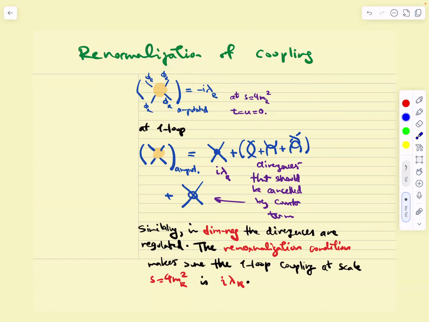We're going to evaluate this at s equal 4 m_r squared. At that value, it has to be minus i lambda_r. Do you guys remember the physics of the Mandelstam variables? Should I review it? This was towards the end of the semester last time. Consider 2 to 2 scattering.